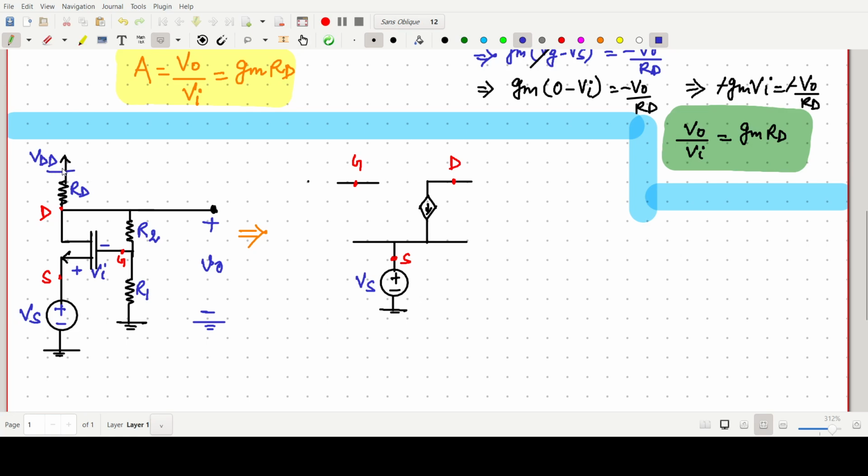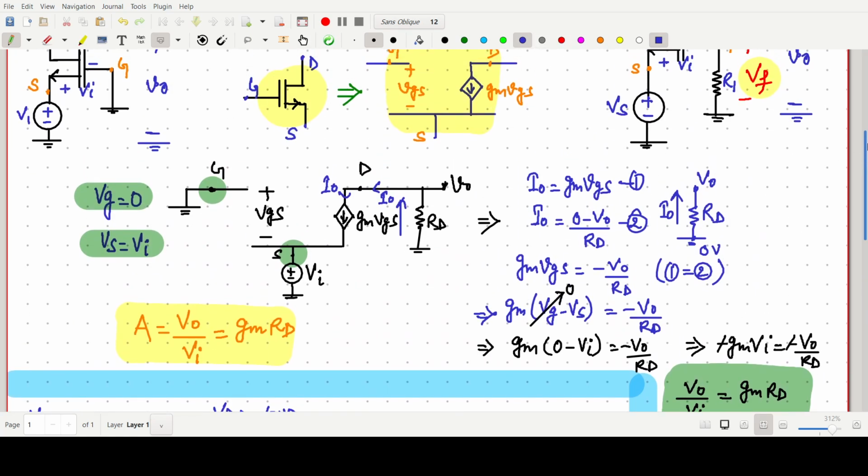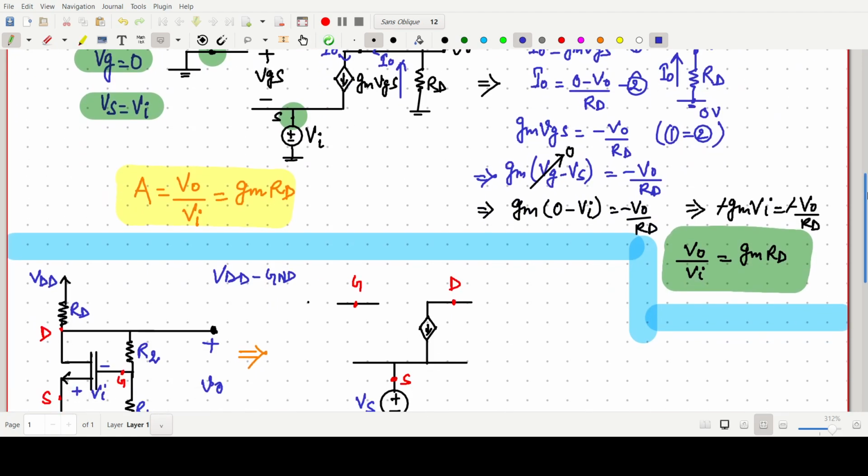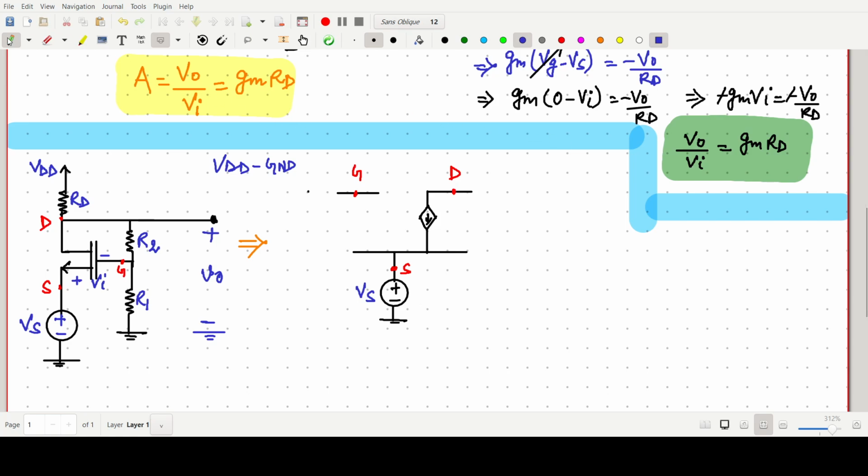For the AC model, the supply VDD will be grounded. In the previous case also, we grounded VDD, so we make it like this. So now once again, from the drain, there is one resistance.